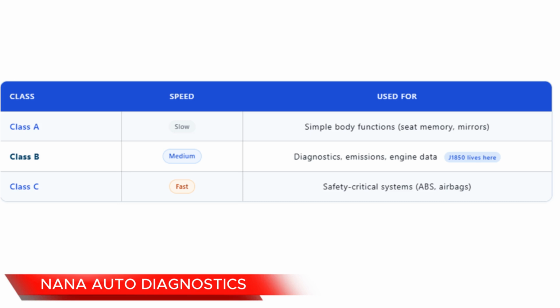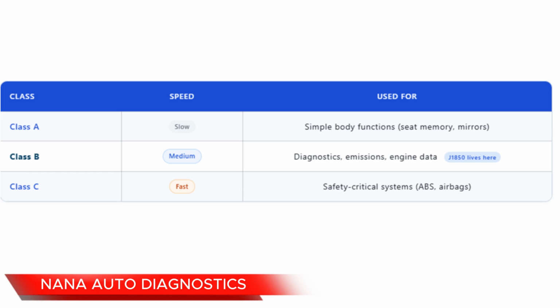Now, Class A is considered a low-speed class and is used for simple body functions such as seat memory and mirrors. Class B is considered a medium speed class, which is usually used for diagnostics, emissions control, and engine data.